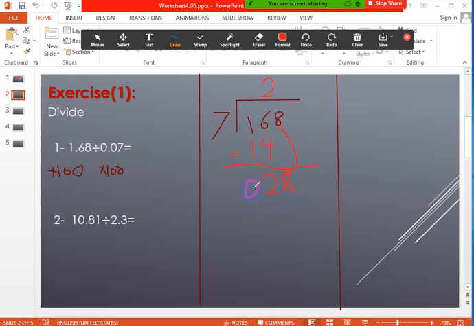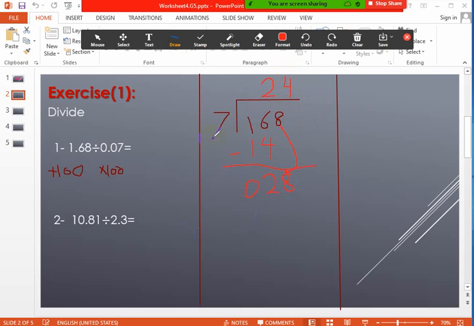Now, 28 divided by 7. Which number, if I multiply it by 7, will give me 28? Very good. 4 multiplied by 7 equals 28. So I will put the 4 up. So 28 divided by 7 equals 4.